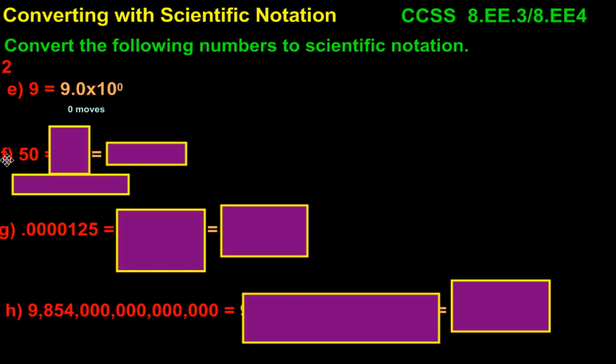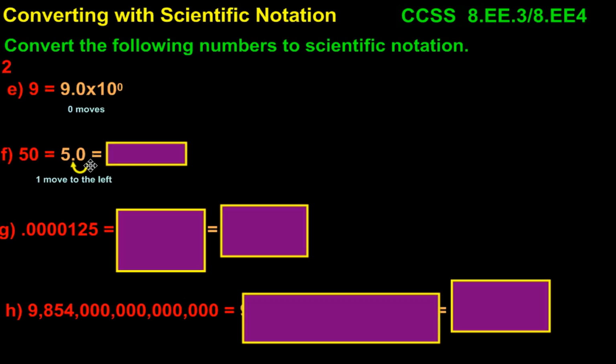Let's take a look at F. Now we have the number 50. Again, equal to or greater than 1. The decimal is assumed to be right after the 0, but we want the decimal to be after the 1's place, after the 5. Okay, so what we need to do is we need to move that decimal one move to the left from where it would normally be at the 0 to the other side to 5.0.